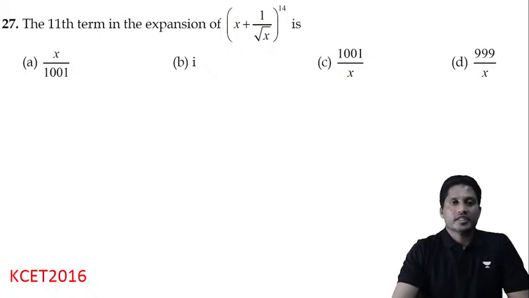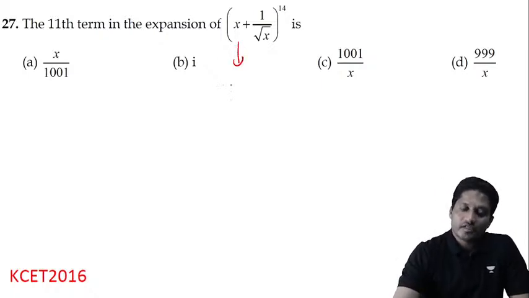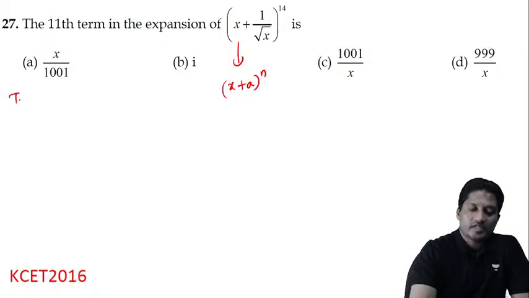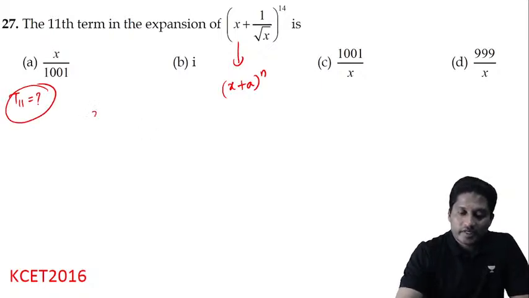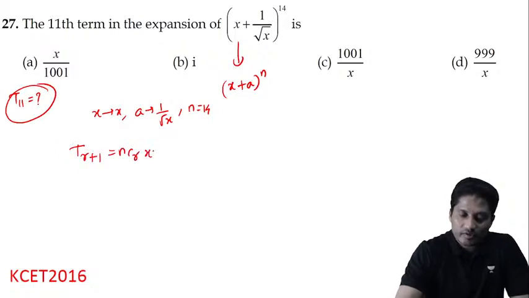The 11th term in the expansion of, compare this with x plus a whole power n. I'm supposed to find out what is T11. This is equal to x only, right? A is equal to 1 by root x, n equal to 14. T r plus 1 is equal to nCr x to the power of n minus r into a power r.